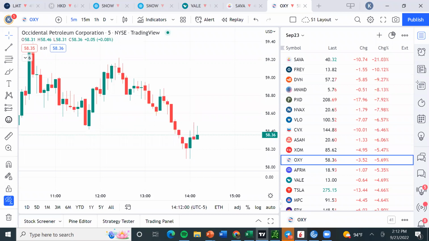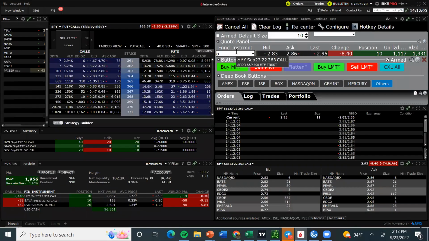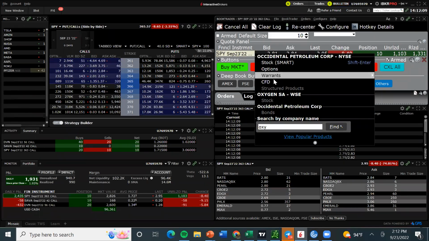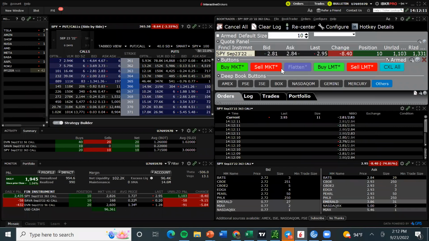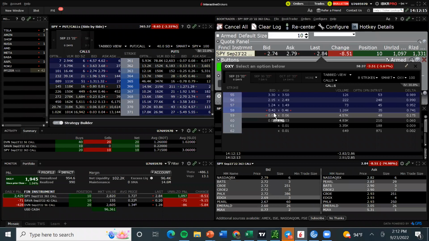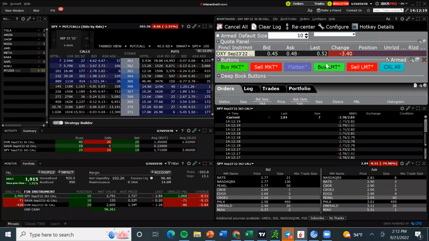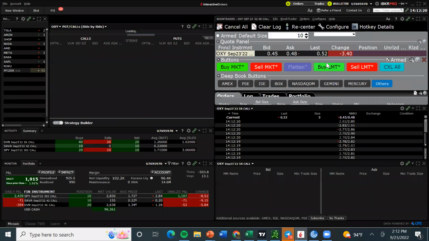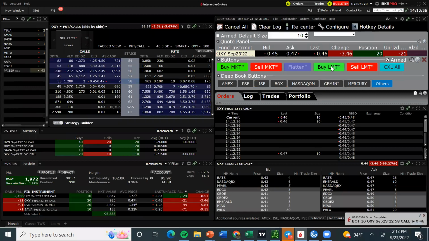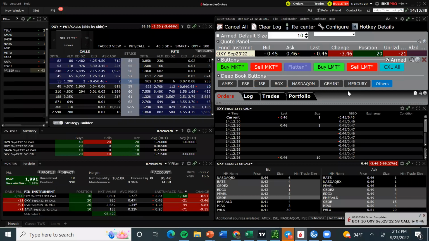So let me buy Oxy 58. Especially with Lotus, try to be in the money, because if you buy Oxy 60 or something, you may not make much, or you may lose everything in the extrinsic value. So what I'm doing, I will just buy some Oxy buy limit. I got some 20 contracts.